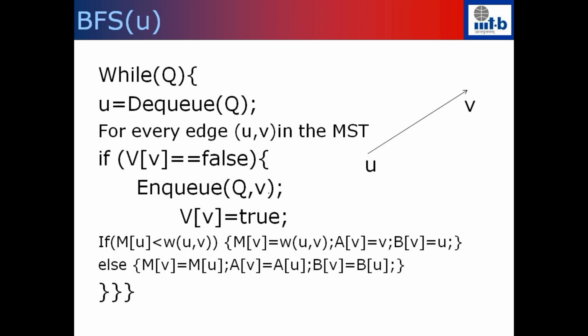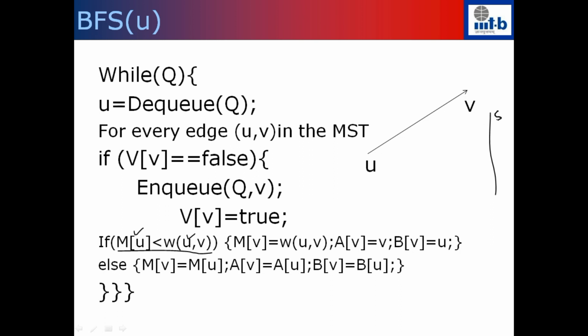When you visit this node, I ask whether the edge that I have here is bigger than the maximum weighted edge that you can reach up to U. You can imagine there is a diagram here.